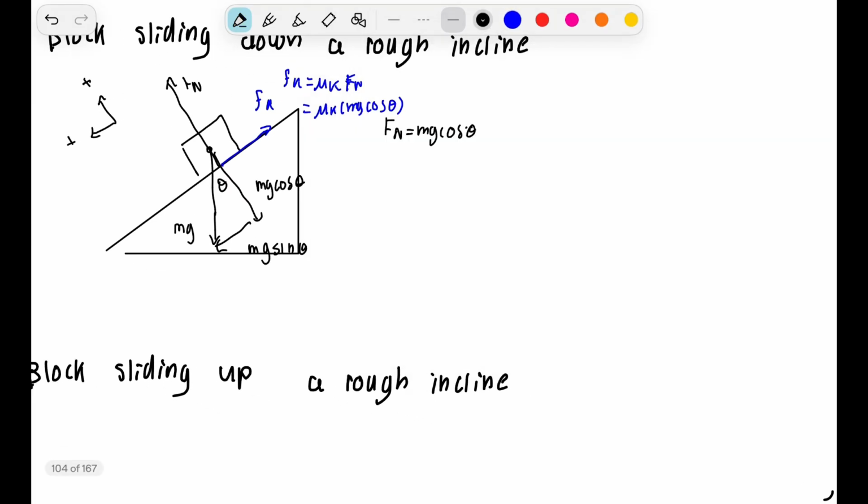Now take the forces in the parallel direction. This is going to be equal to mg sine of theta minus friction, because we're going in this direction for acceleration.